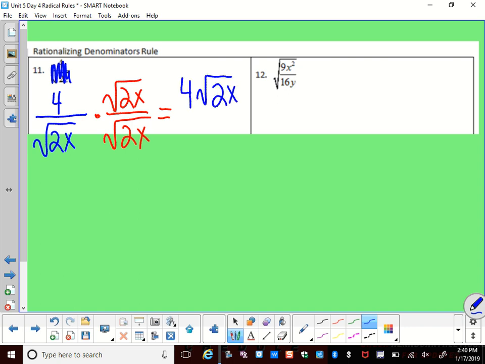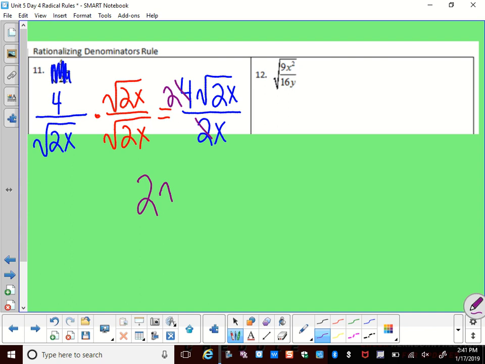4 times root 2x. I can't multiply this and this to be 8, because one has a radical, one doesn't. So I have 4 times root 2x. On the bottom, what do I have? 2x. Can I simplify this? Yeah. This can simplify to 2.